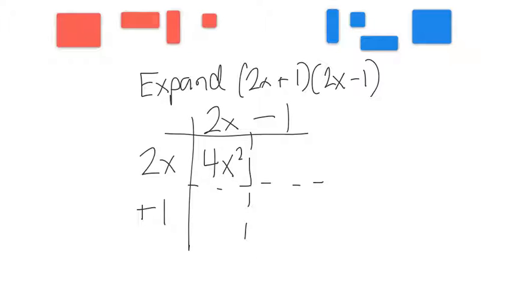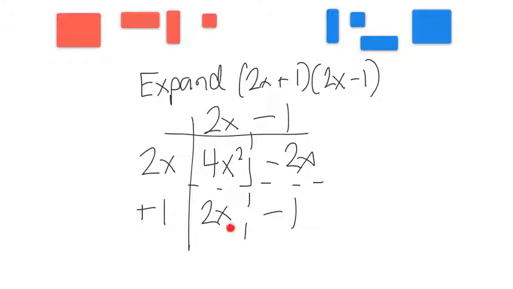In the second spot here, 1 times 2x is 2x. In the third spot here, 2x times negative 1 is negative 2x. And in the final spot here, I have 1 times negative 1 is negative 1.